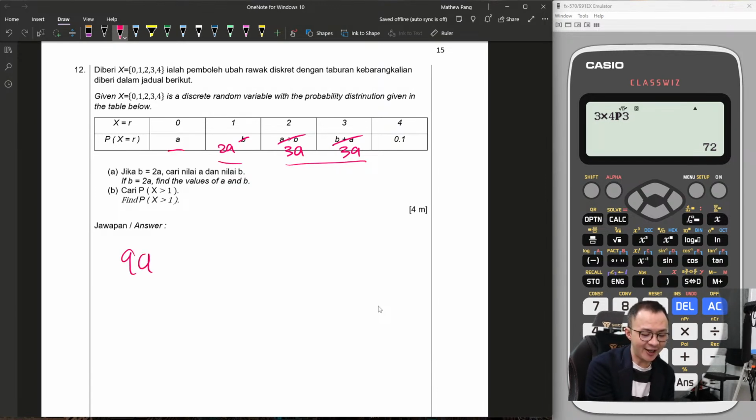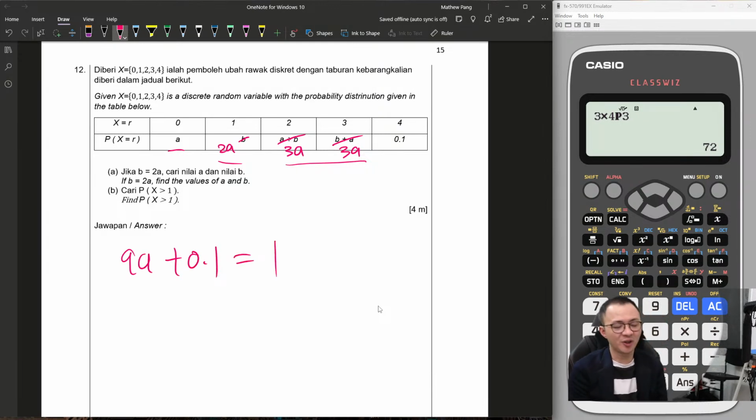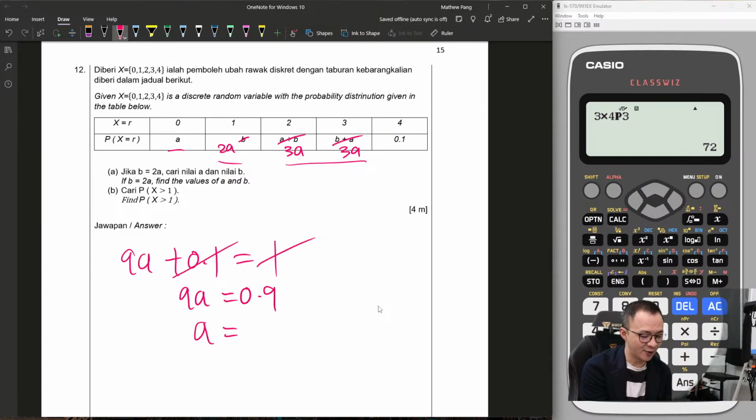So 9a plus 0.1 must equal 1, because all the probabilities summed together must always equal 1. So 9a equals 0.9, because minus 0.1, right? So a equals 0.1. So if a equals 0.1, then b equals 2a, right? b equals 0.2. Okay, done with part 1.